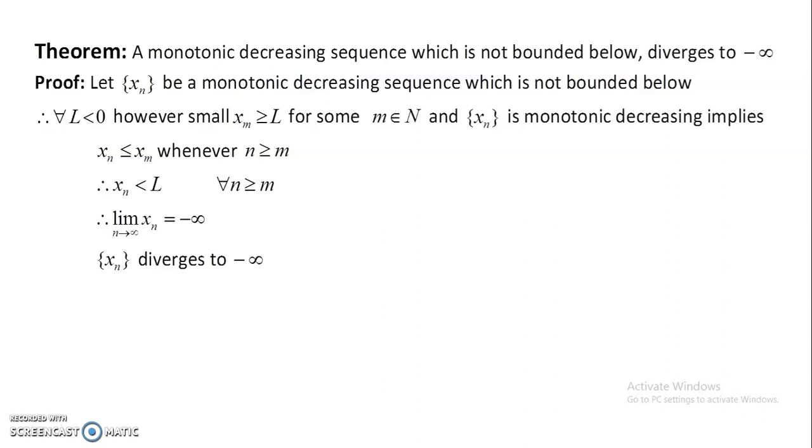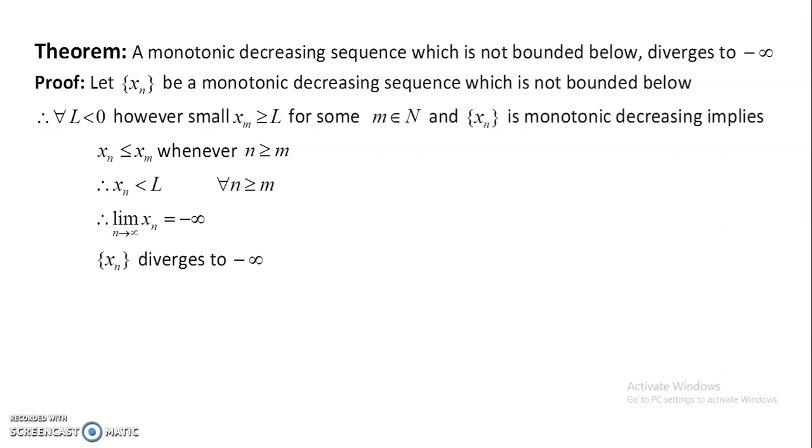which implies that xn is less than or equal to xm whenever n is greater than or equal to m, after the mth term. So xn is less than L, since xm is less than or equal to L, for every n greater than or equal to m.